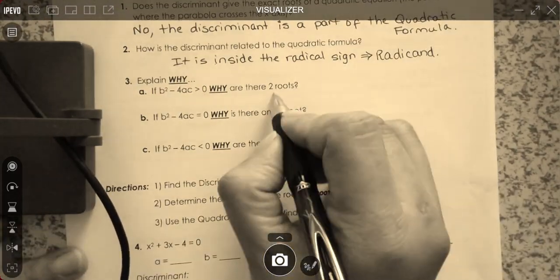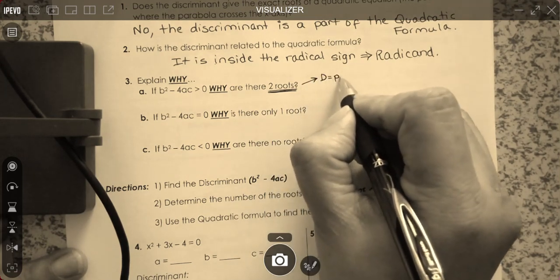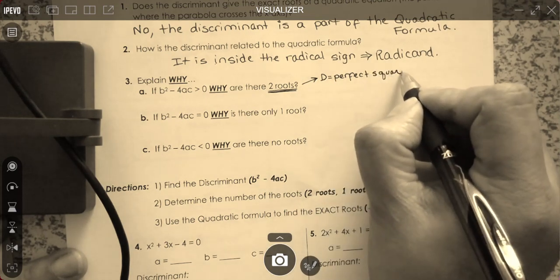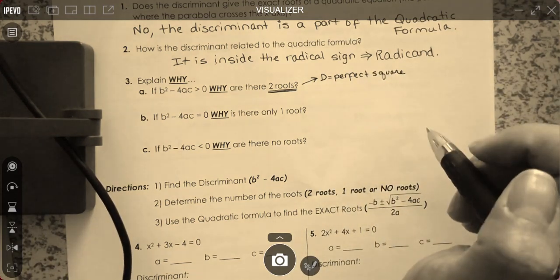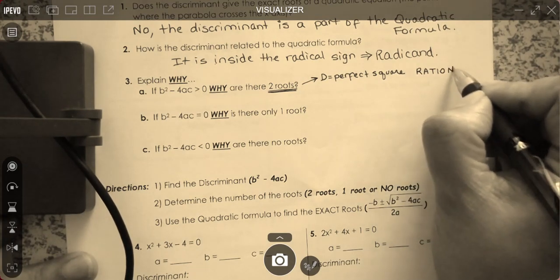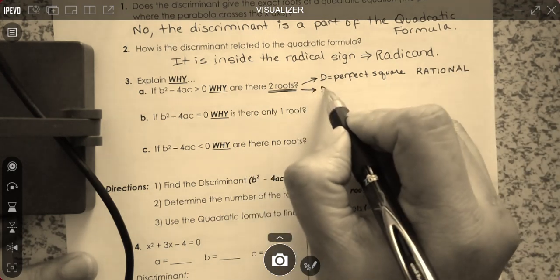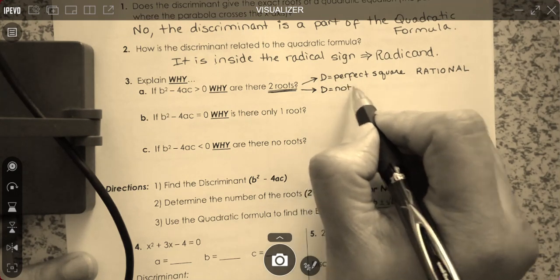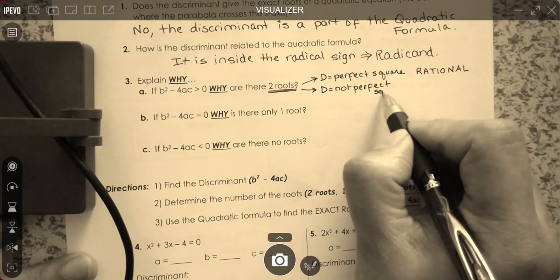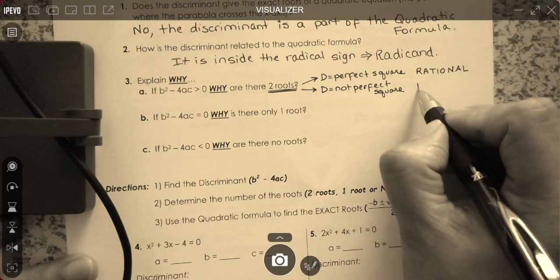You're always going to get two roots, but if the discriminant is a perfect square, then you'll end up with no radicals, and we consider those numbers to be rational. If your discriminant is not a perfect square, then your answer is going to have a radical sign, and that's going to make your number irrational.